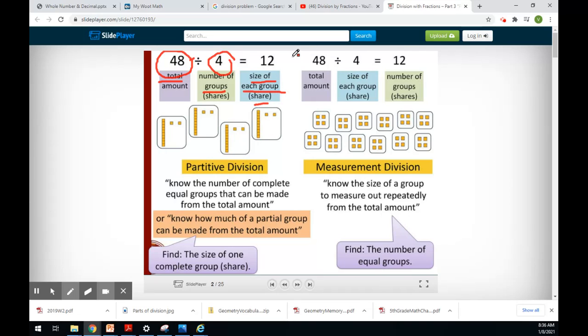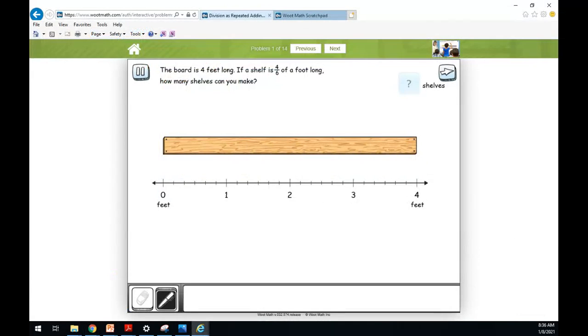So let's go back to division with fractions. It's the same two types of division, but we're now representing them with whole numbers and fractions. All right, let's look at this problem and the type of division problem it is. The word problem says the board is 4 feet long.